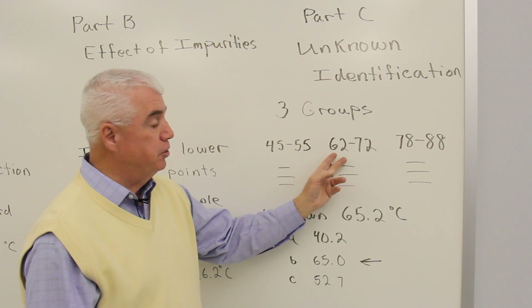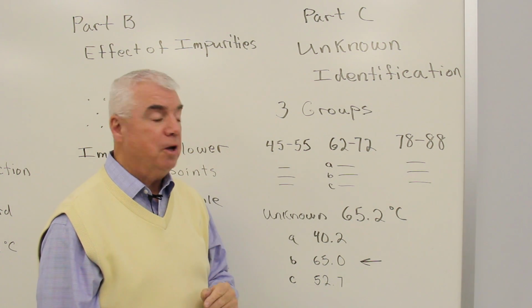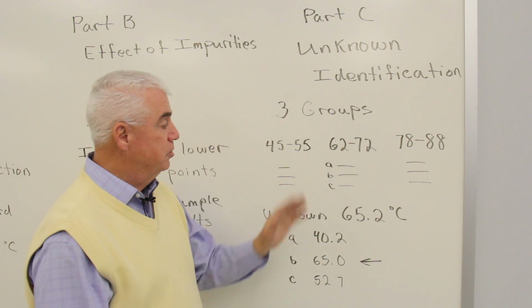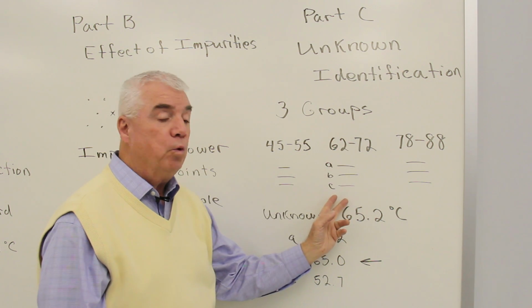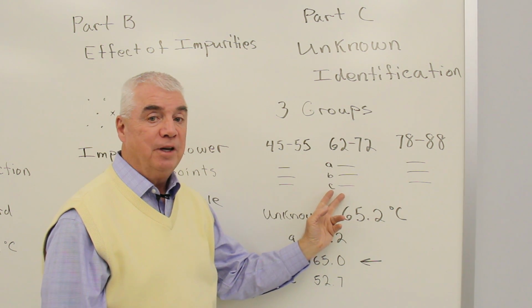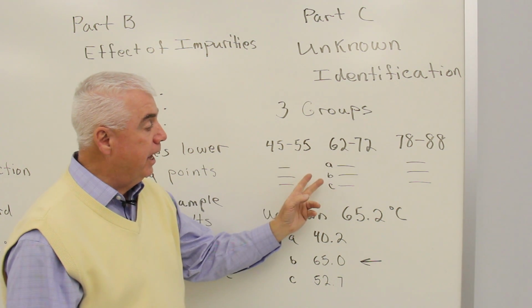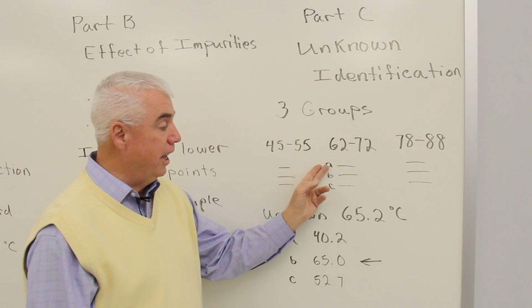Let's just say your compound melted somewhere between 62 and 72 degrees. So I've ruled out those 3, but I don't know which of these 3 compounds my unknown is. What we'll do next then is to mix some of your unknown with A.